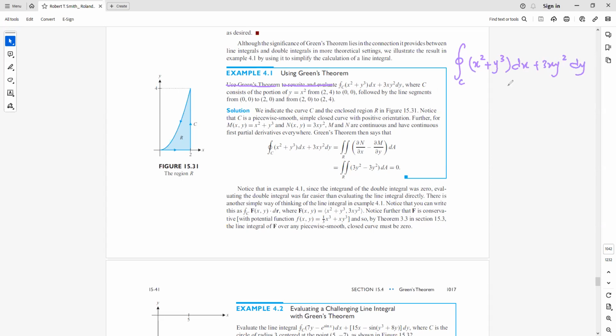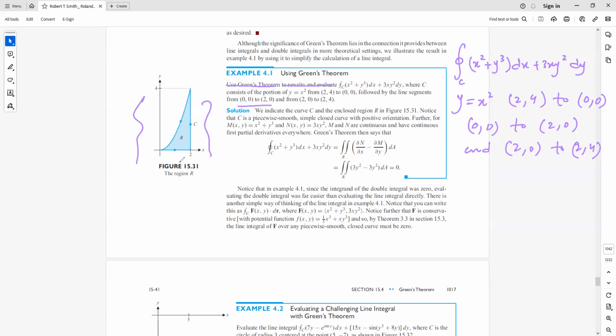And we need to find the line integral over the curve C, where C is the portion of this parabola y equals x squared from (2, 4) to (0, 0), followed by the line segments from (0, 0) to (2, 0), and from (2, 0) to (2, 4), which is just shown here, right?